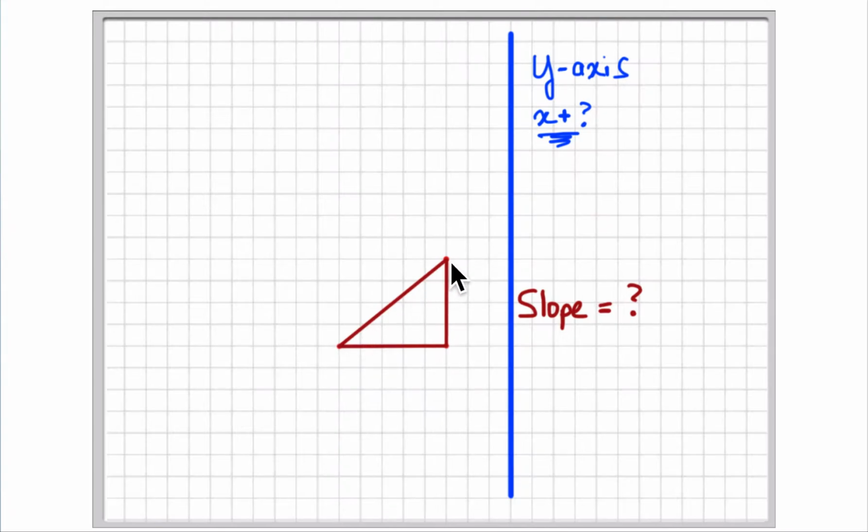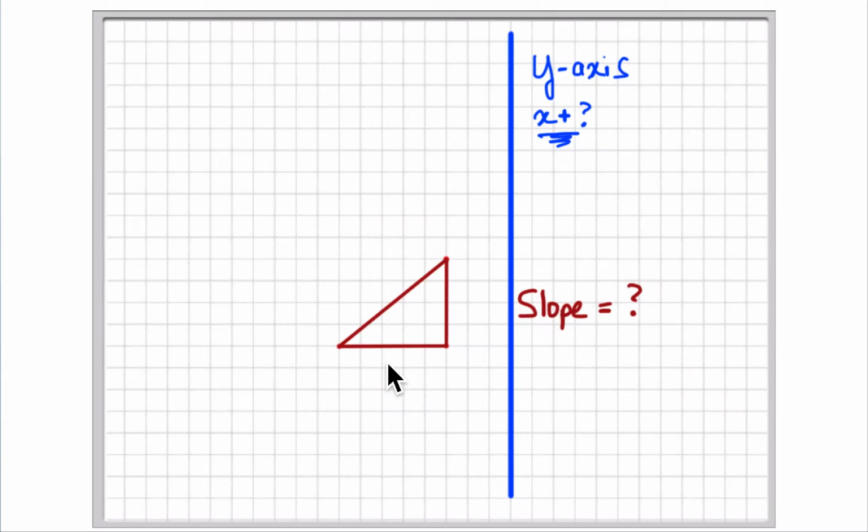So if you take x and you subtract negative 8, that's the same as x plus 8. So that slides this over here. That's going to tell you what this horizontal distance is, which is going to be 5 units. So x plus 8, wherever you are, gives you this horizontal distance.